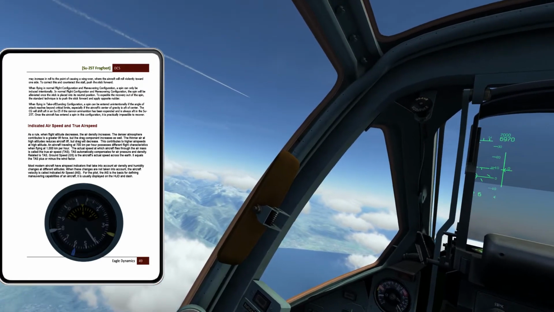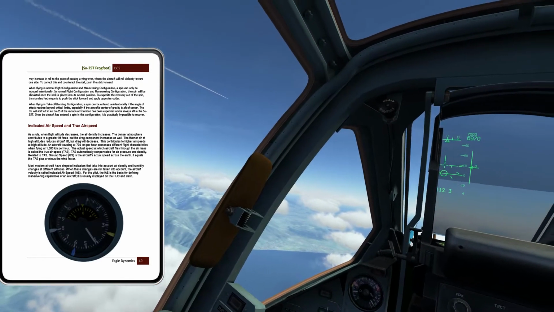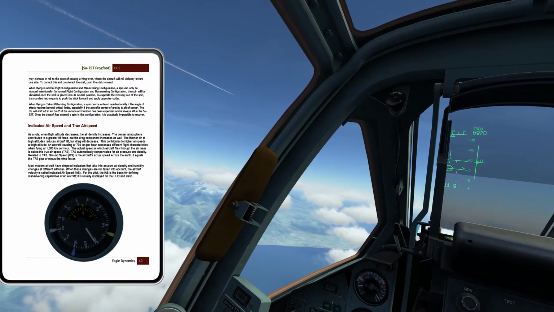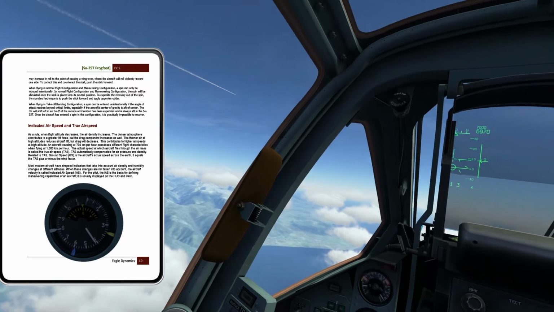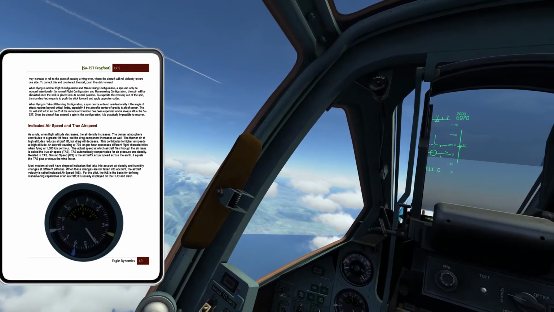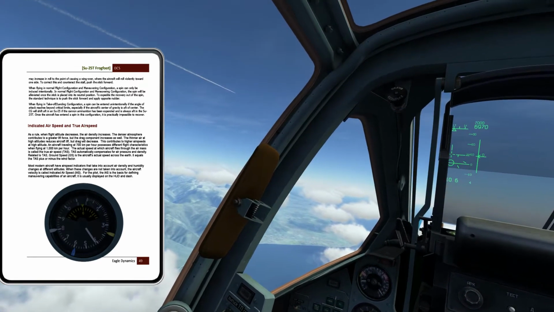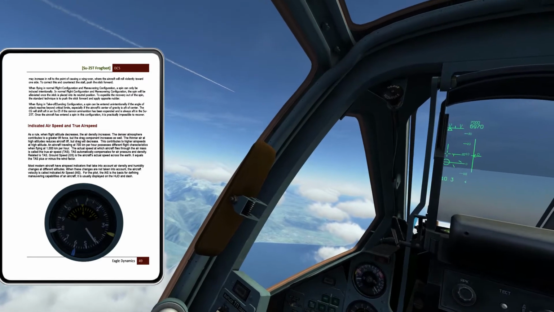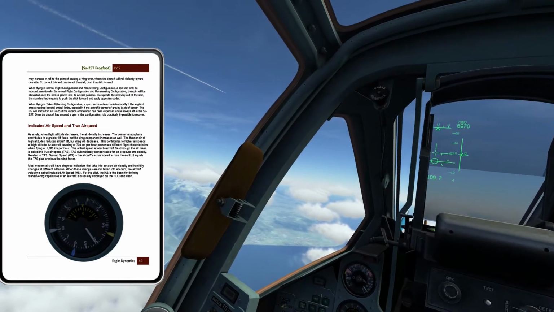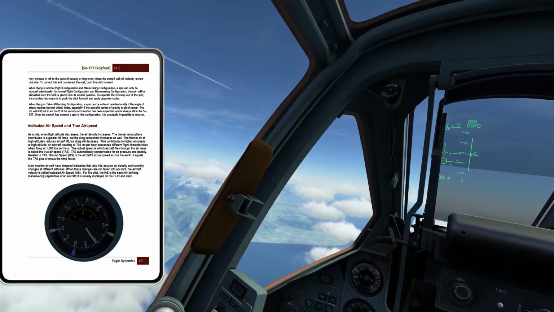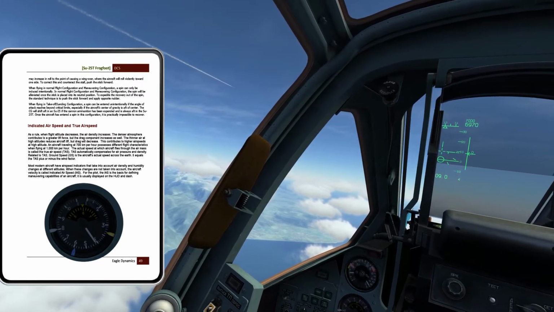Most modern aircraft have airspeed indicators that take into account air density and humidity changes at different altitudes. When these changes are not taken into account, the aircraft velocity is called indicated airspeed, IAS. For the pilot, the IAS is the basis for defining maneuvering capabilities of an aircraft.